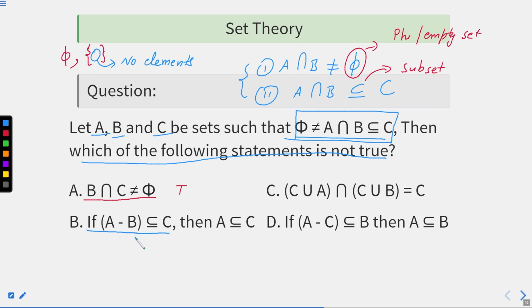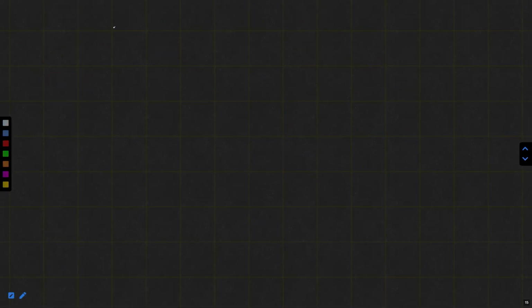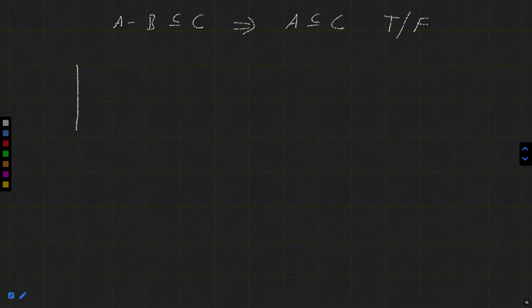A minus B is a subset of C implies A is a subset of C. True or false? We have to see. Let's do this by Venn diagram.